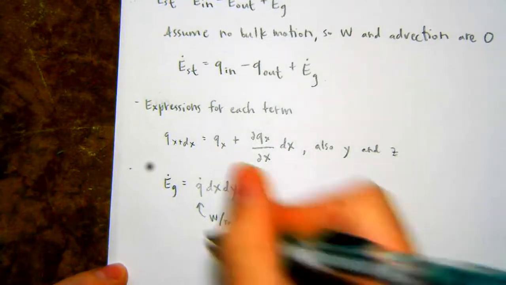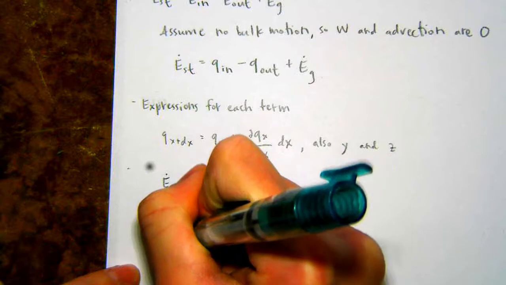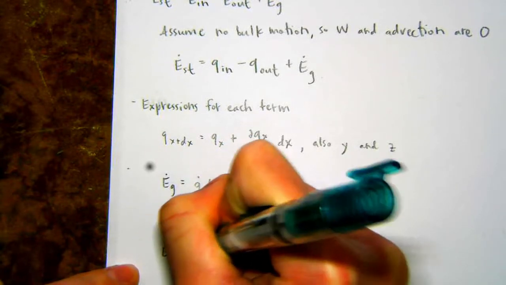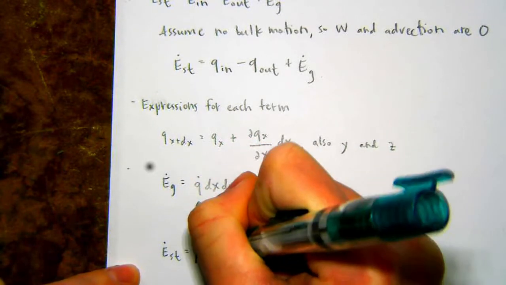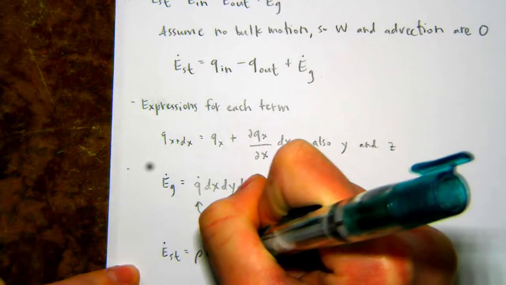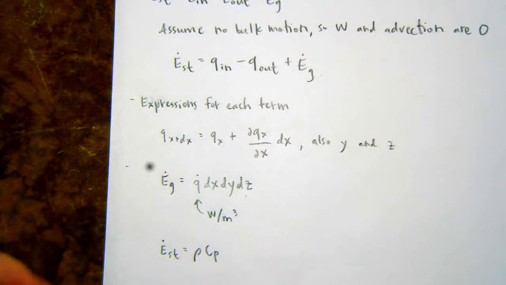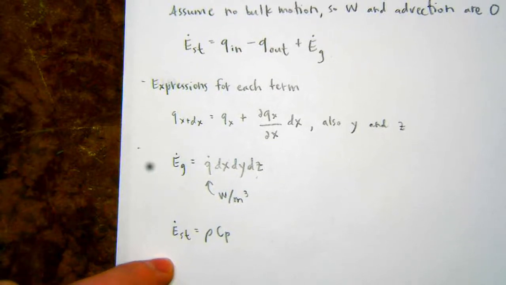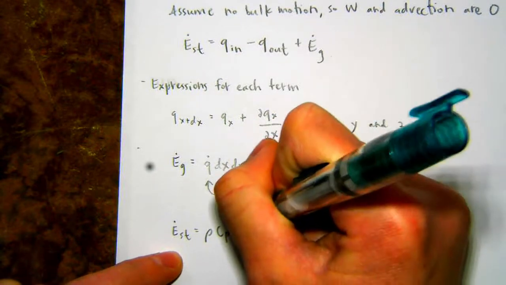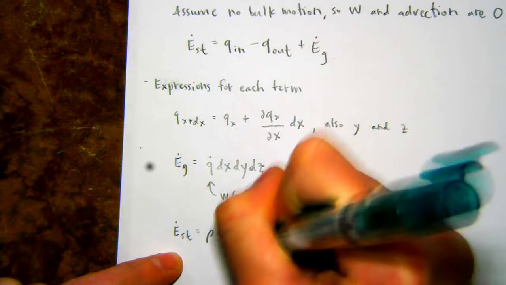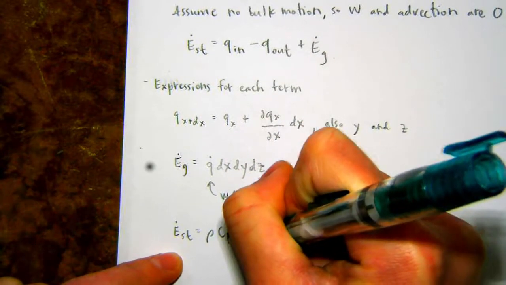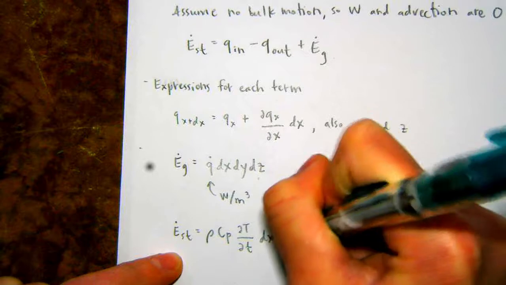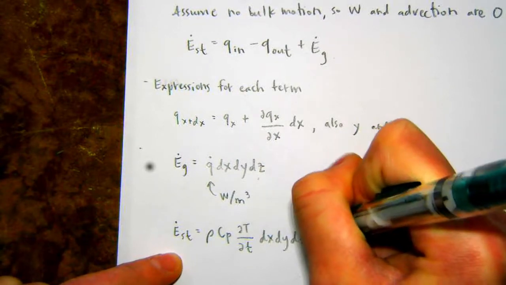And then finally, the energy storage term. Last time we talked about the change in the energy storage being expressed by this rho Cp V delta T. And since we're talking about it on a time rate basis now, E dot, it's rho Cp times the partial derivative of the temperature with respect to time times the volume of the element, dx dy dz.